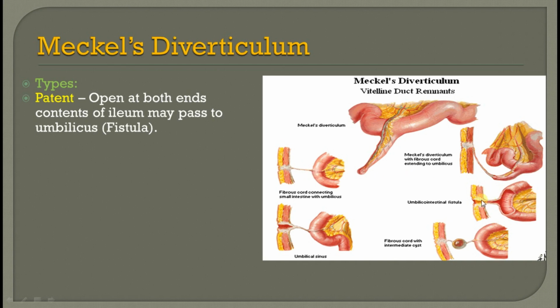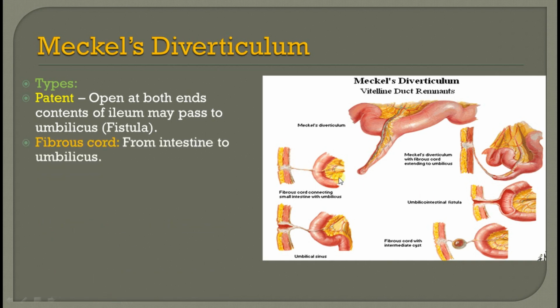Or it might be patent, so completely open. The duct is not at all reduced, so it is communicating with the lumen of the ileum and the umbilicus, forming an umbilico-intestinal fistula. So the contents of the ileum might sometimes be discharged at the umbilicus. It is an umbilico-intestinal fistula because the vitelo-intestinal duct is patent throughout its course.